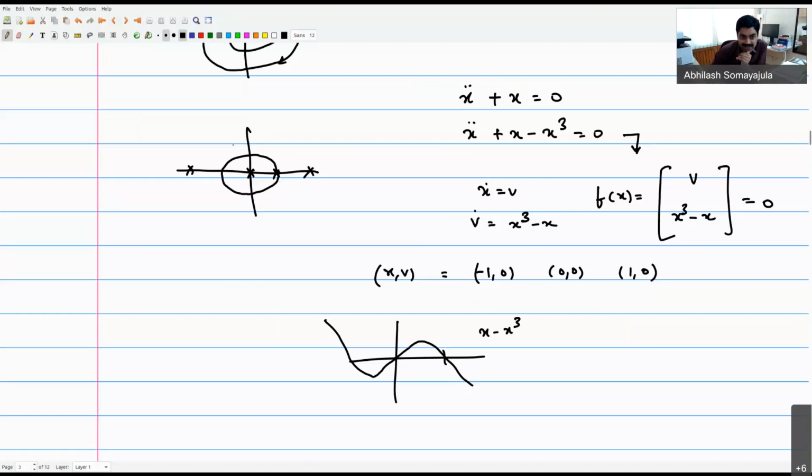Now, the moment I start at some point beyond here, what will happen there? How does the trajectory look there? It will be positive. v will be positive, I think. Sir, where are you starting in this case?